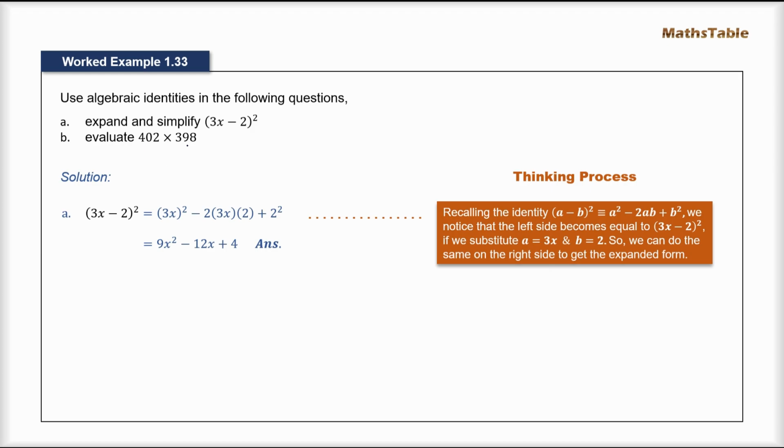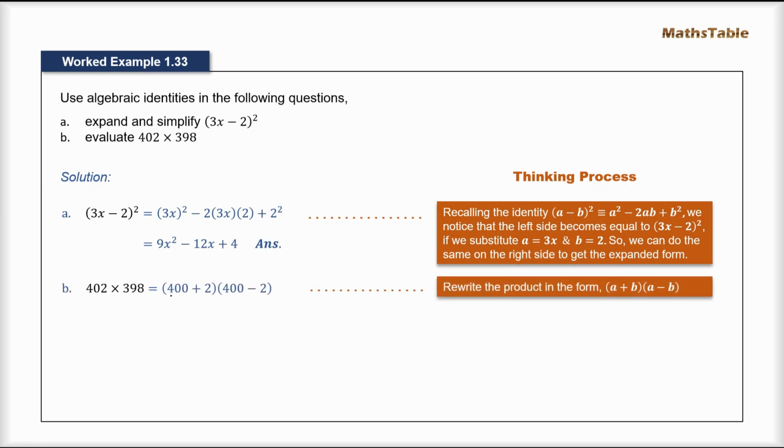We can check very closely that 402 can be written as 400 plus 2, and the second number, 398, can be written as 400 minus 2.